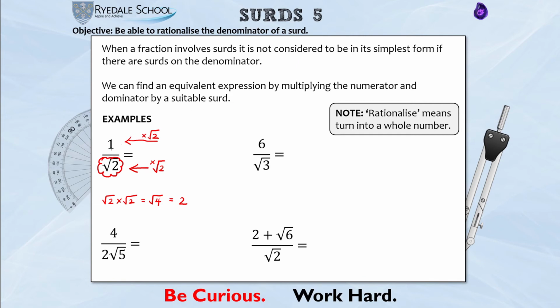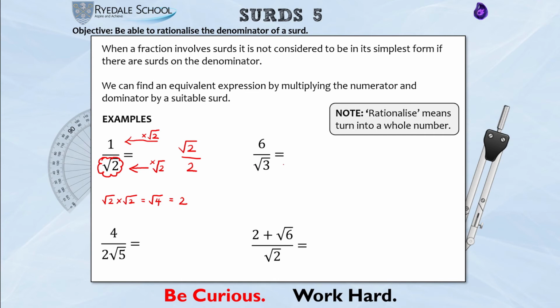So if I times the top by root 2, the numerator is now root 2. If I multiply the denominator by root 2, we've just worked that out, that is 2. So written in its simplest form, 1 over root 2 is rewritten as the square root of 2 over 2, the denominator now being a whole number.